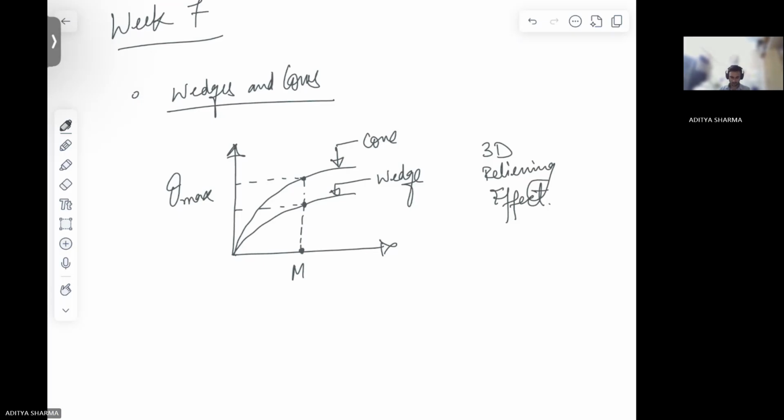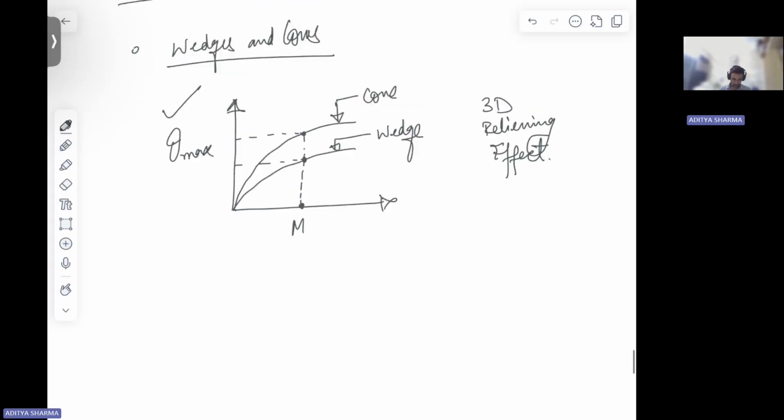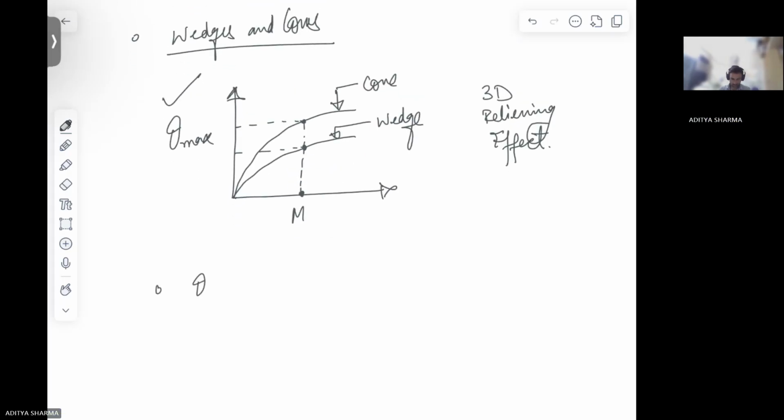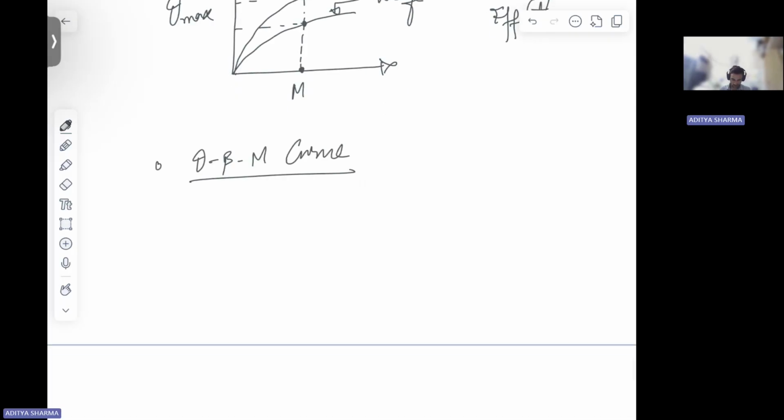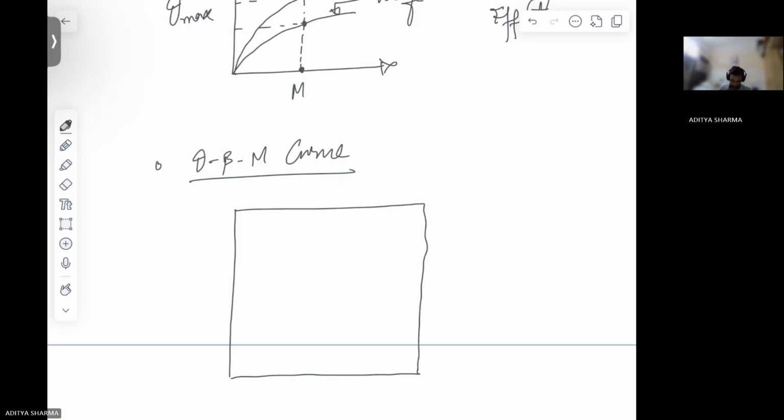Okay. So if your deflection is beyond theta max, your flow is going to get detached. So the theta-beta-M curve is important here, which looks like this. So this is beta, this is theta.